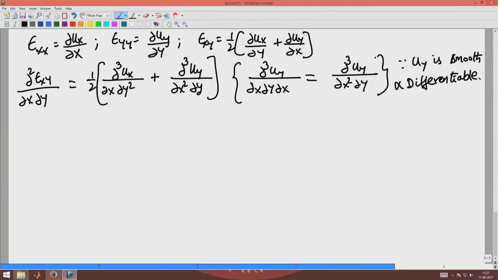It is sufficiently smooth and differentiable, because I should be able to have second derivatives and third derivatives of u of y.